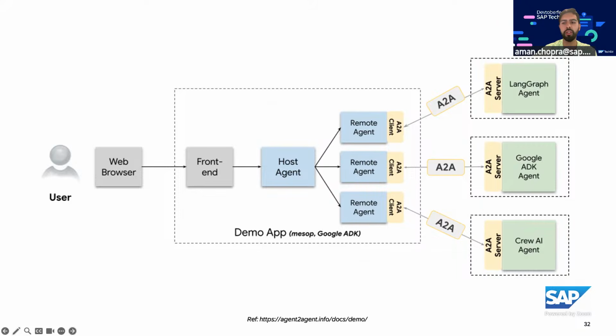And next, I built a host agent, and the host agent is really going to serve as this orchestrator. The host agent is going to run locally on the same server or system as the front end. So we don't really need an A2A client to connect the front end to the host agent. The client usually comes into play when we're going to connect agents to third-party or remote agents, as we'll see next.